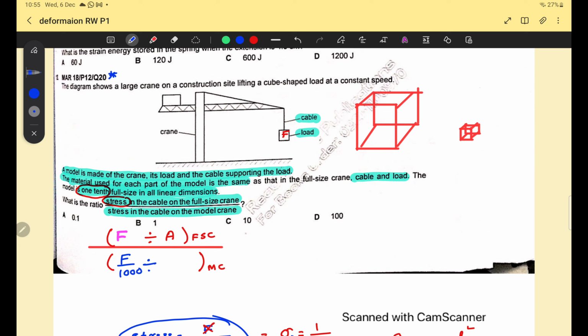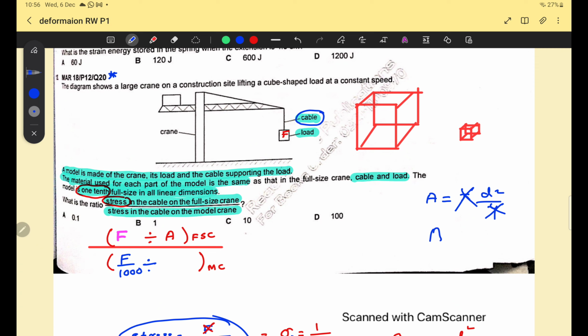I have explained earlier, when the model block is reduced by 1 upon 10, its weight is reduced by 1 upon 1000. And in the same way, what about area? Area of cable. I have taught you area is pi d squared upon 4, pi constant.